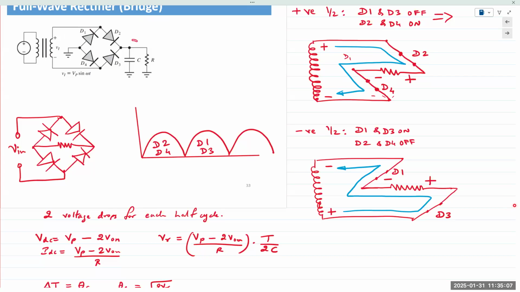In the past, I've kept it like this and explained how current goes through here, just with a simple arrow, and some students would get confused on how the circuit is actually working. I would say D2 and D4 are on, and the current goes through here. But then, our brains automatically look for a closed path, even though we can see that this is connected here. So it just makes this easier to explain if I use this model.